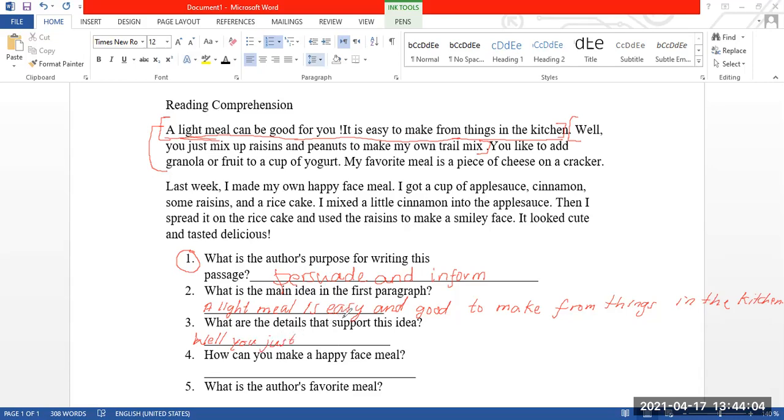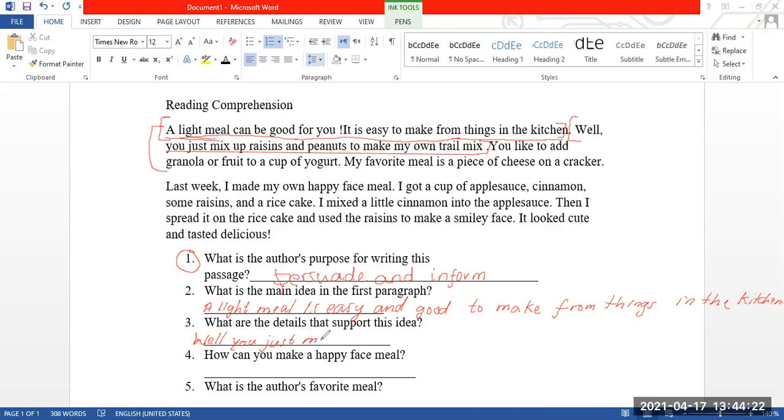Remember, don't leave any question unanswered. You have got to answer it. Let's underline this one and say that this is the supporting detail. As I told you, don't leave any question.